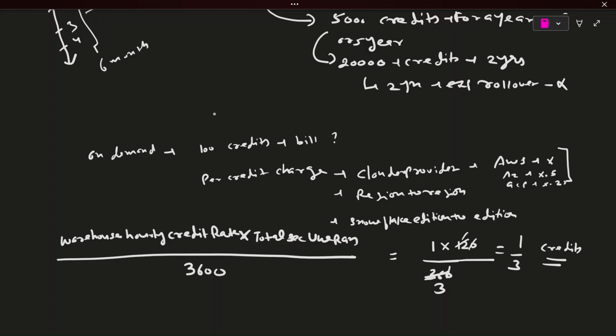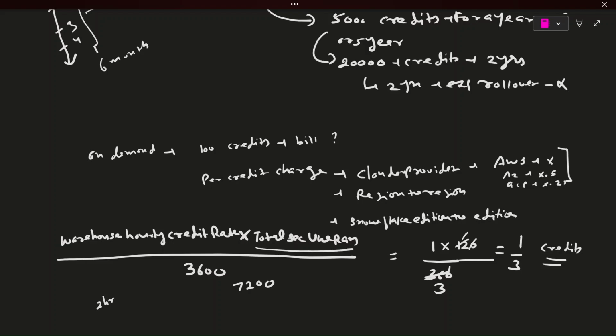Warehouse hourly credit rate multiplied by the total seconds the VM ran, divided by 3600. Got it? So let's say you ran it for 2 hours. 2 hours means 7200 seconds, right?